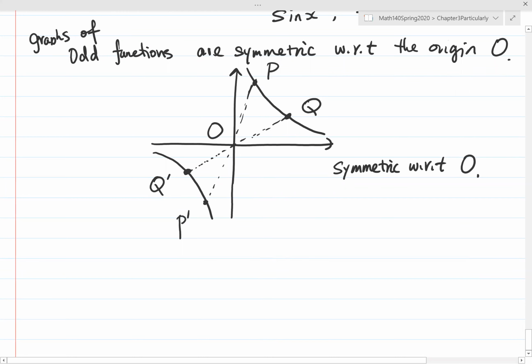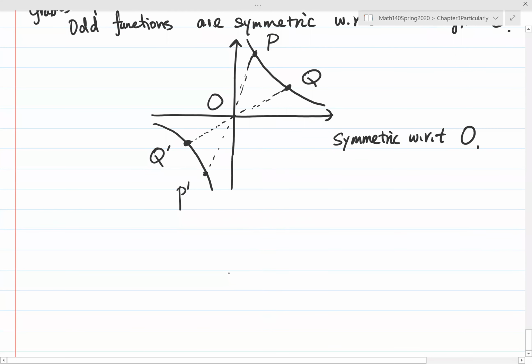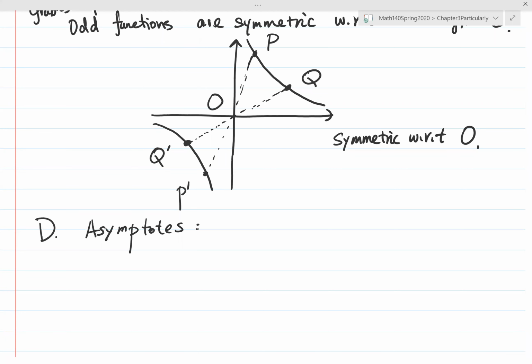And other factors including asymptotes. What we usually look for are horizontal asymptotes or vertical asymptotes. A function can sometimes have an asymptote that is neither vertical nor horizontal. In this case, we call it a slant asymptote.